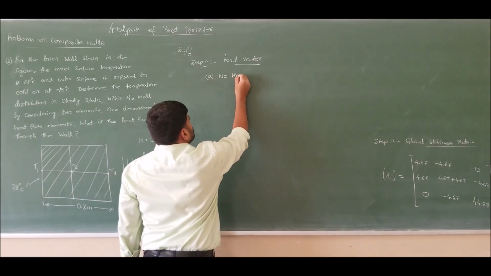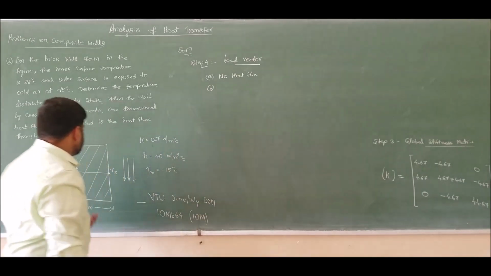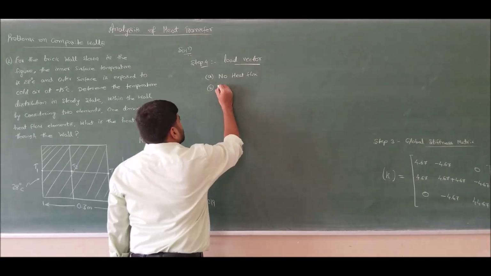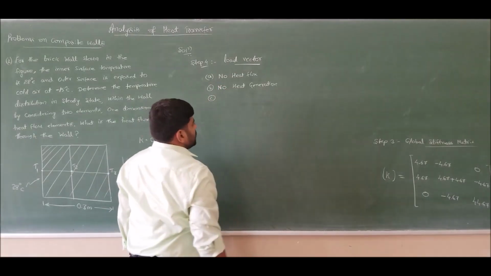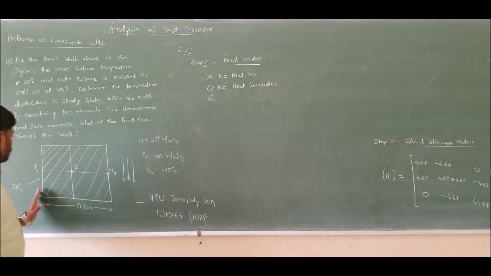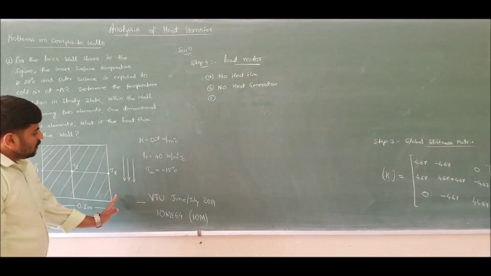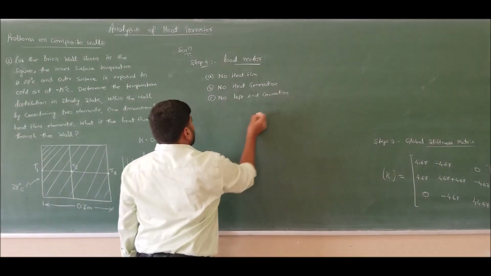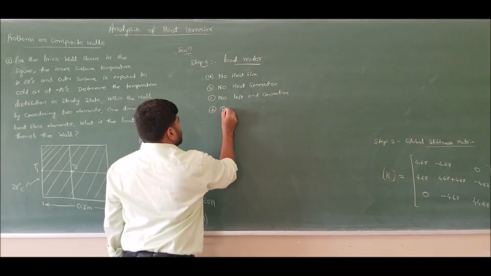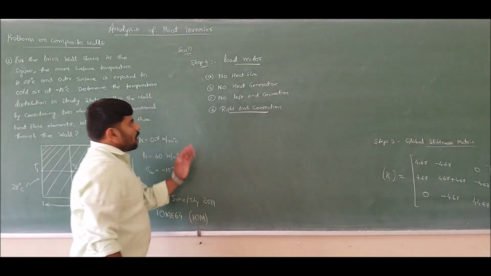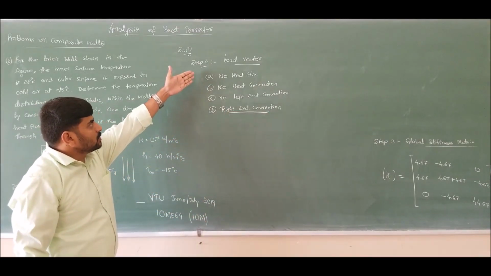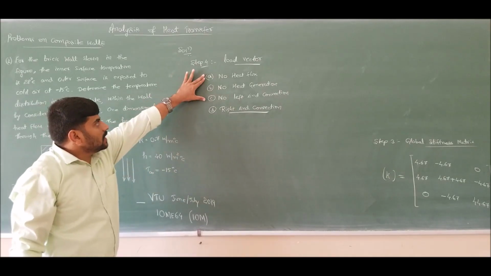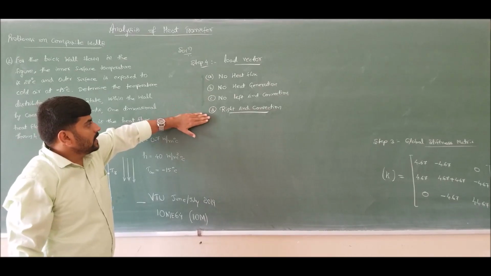Also there is no internal heat generation in this brick wall, so no heat generation. And coming to end convection, this problem does not have left end convection, but it has right end convection. For any problem in composite walls, one should check for these 4 load vectors. Three of these load vectors are not given for this problem, only we have right end convection.